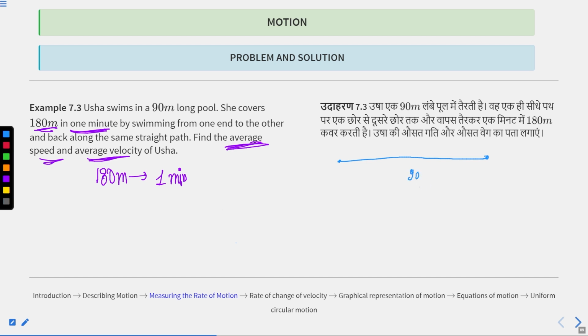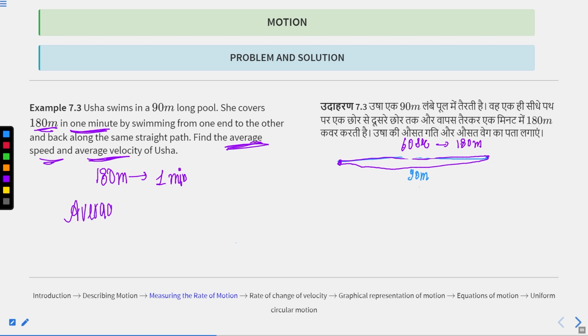It is 90-meter long. Usha covered 180 meter by going in this direction, then returning back and coming back to her initial position in 1 minute, or 60 seconds. So we have to calculate average speed.